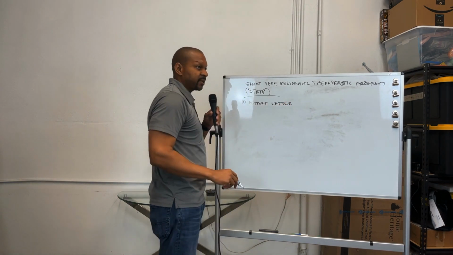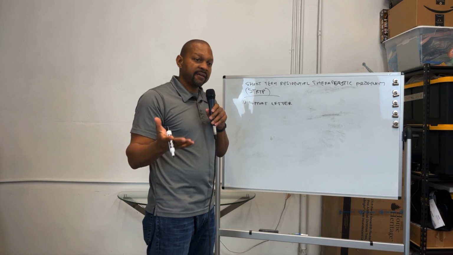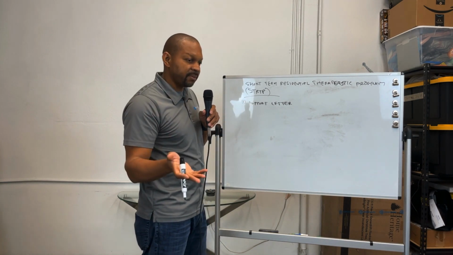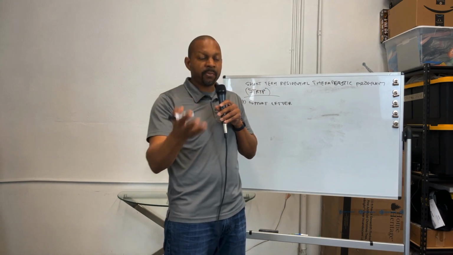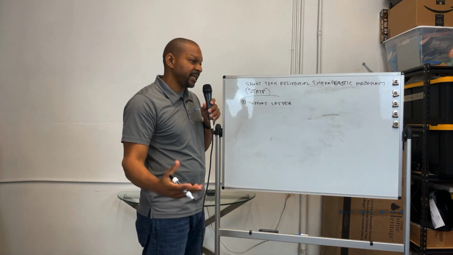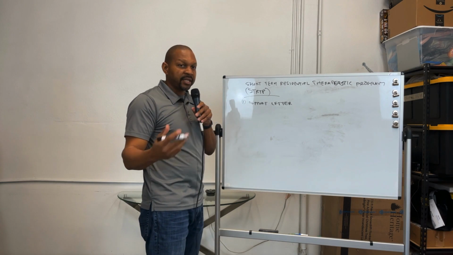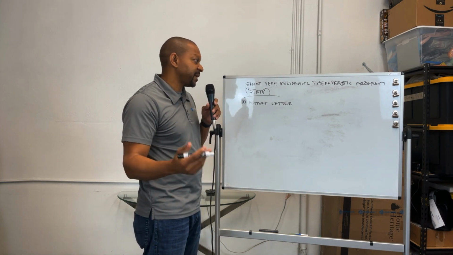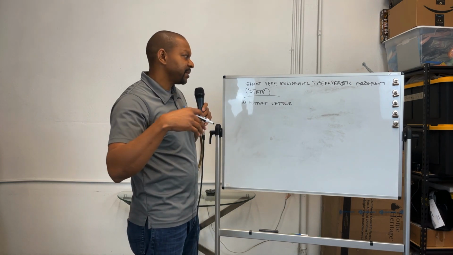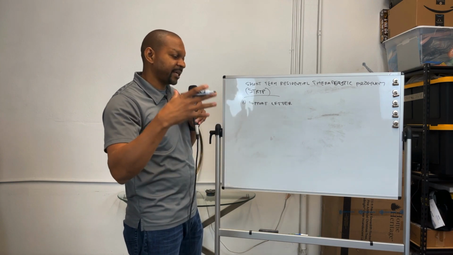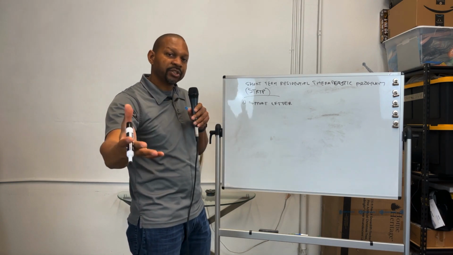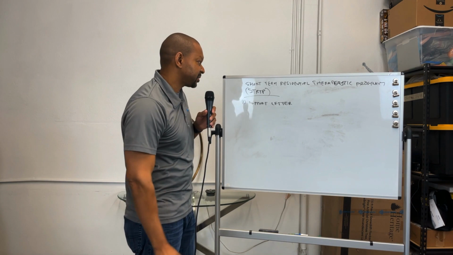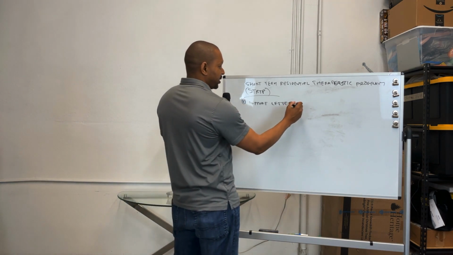That support letter can come from DCFS, Department of Children and Family Services. It can come from probation. It can come from DHCS, but you have to get a support letter. That support letter is basically saying that the county will support you in developing a program in the state of California. So you need that support letter.